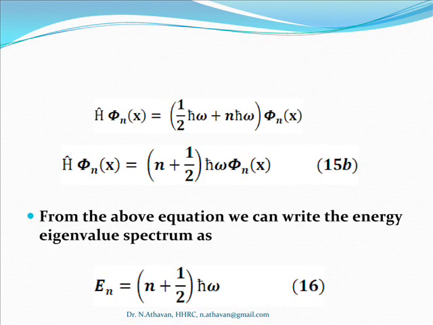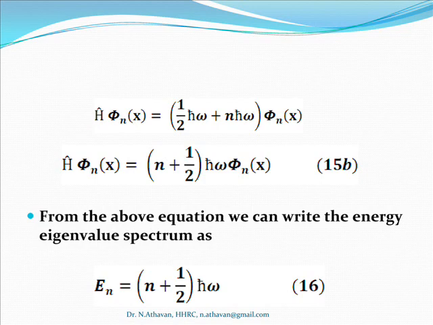So from the above equation, we can write the energy eigenvalue spectrum as En equal to (n plus half) ħω. Equation 15b is the eigenvalue equation for the nth eigenstate, that is H into φn of x is equal to (n plus half) ħω φn of x, where (n plus half) ħω is the eigenvalue for the eigenstate φn of x.